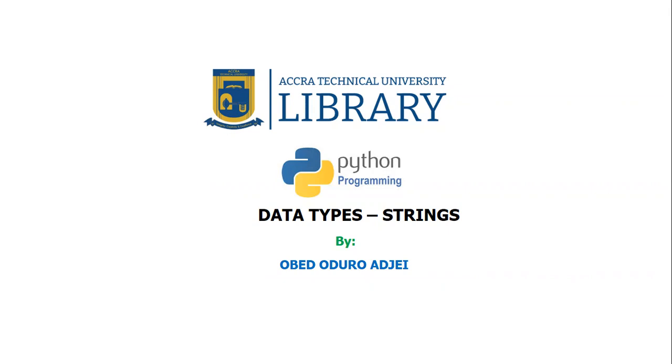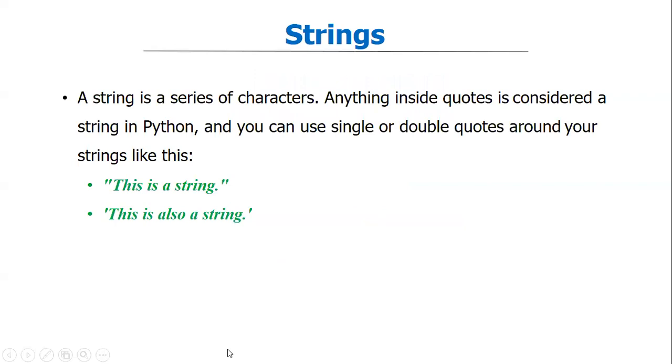And when we talk about strings, what are they in programming? Basically, a string is a series of characters, and actually anything inside quotes is considered a string in Python.